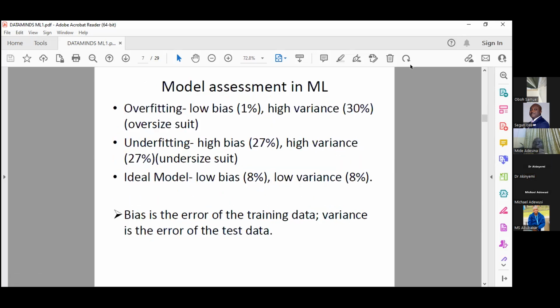Okay, overfitting. When you have your data set, you define the training set, then you define the testing set. If you have 1,000 data points, for instance, you may decide to use 60% for training and 40% for testing.